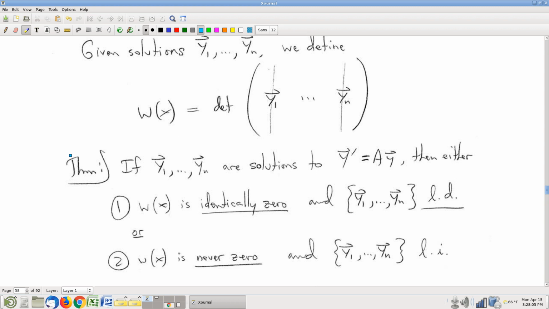Recall that we saw in Chapter 4, if you're looking at a list of solutions to one of the special kinds of differential equations, that additional information makes your Wronskian stronger. And the same thing happens here.